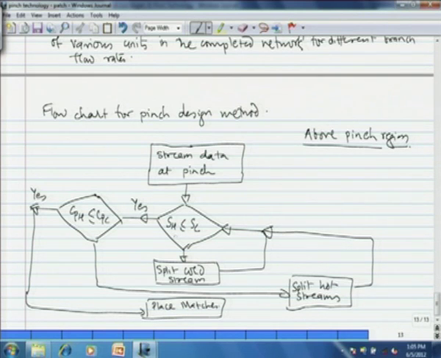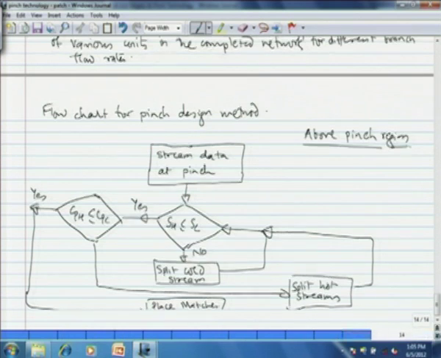If the stream population criteria is satisfied, then you have to see the CPH lesser or equal to CPC criteria. Again if it is satisfied, then you go and place the matches or you repeat. So, this is the algorithm for above pinch region.